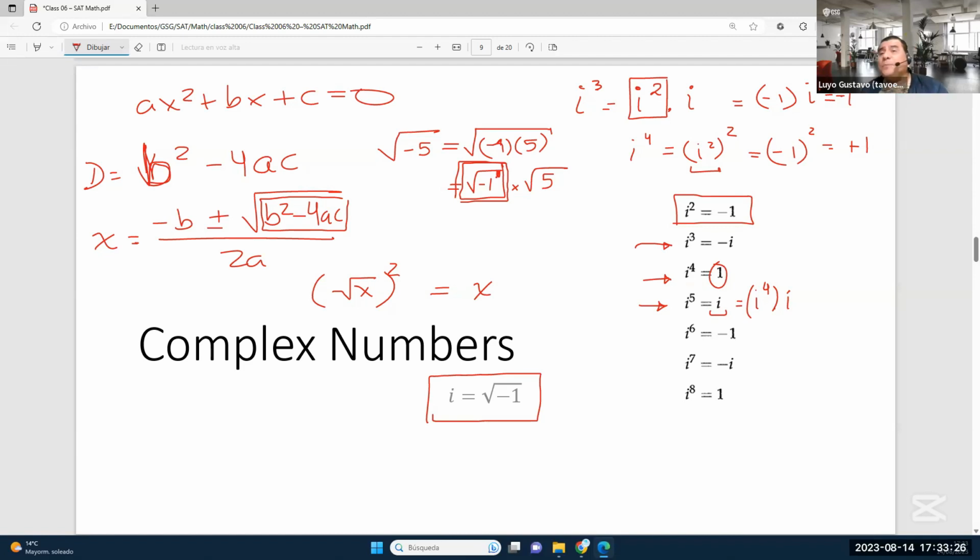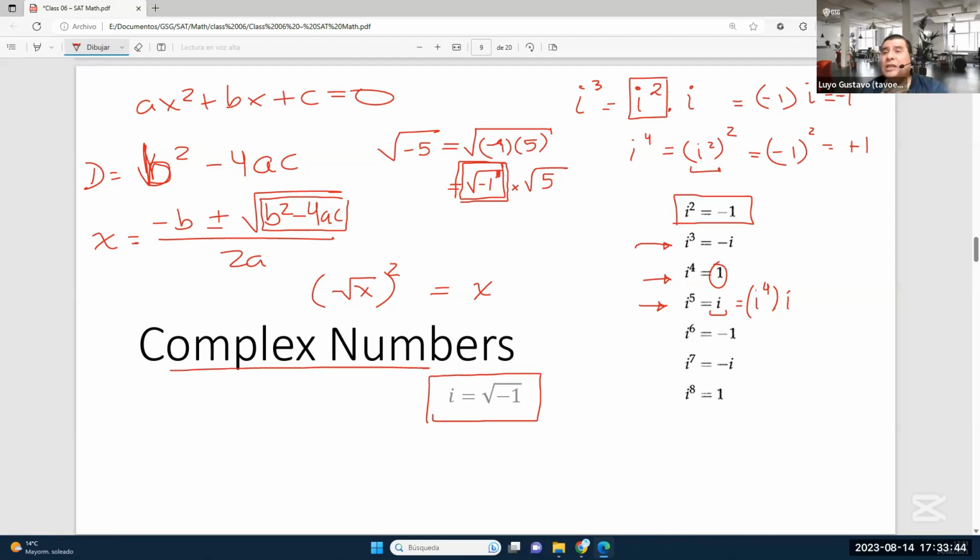Well, using this property that the imaginary unit I has, we can define operations, right? When a number is thought to have a real part and an imaginary part, then we talk about complex numbers.